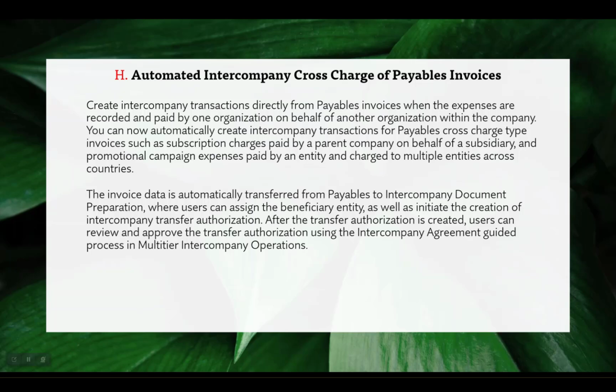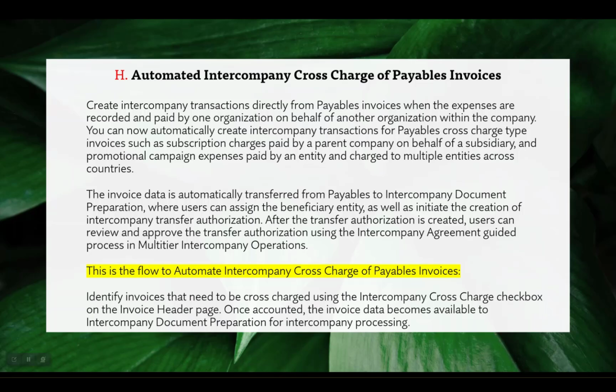After the transfer authorization is created, the user can review and approve transaction authorizations using the intercompany agreement guided process in multi-tier intercompany operations. This is the flow of automation: identify invoices that need to be cross-charged using the intercompany cross-charge checkbox on the invoice header.